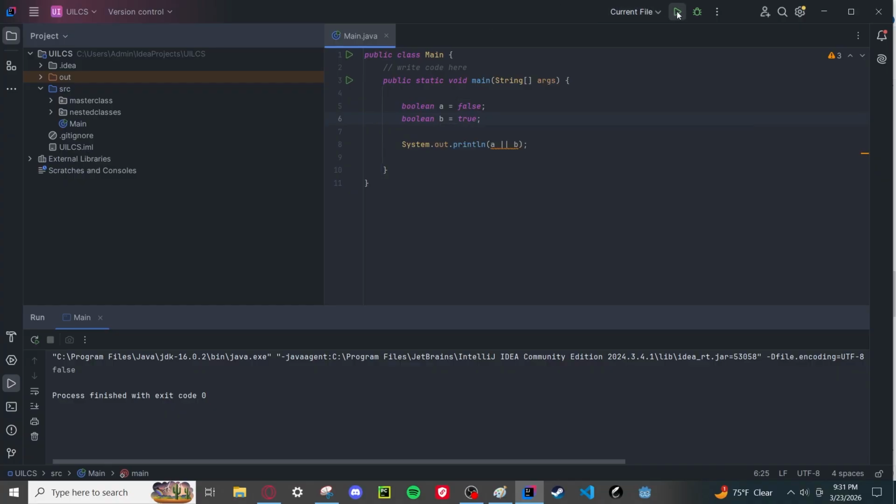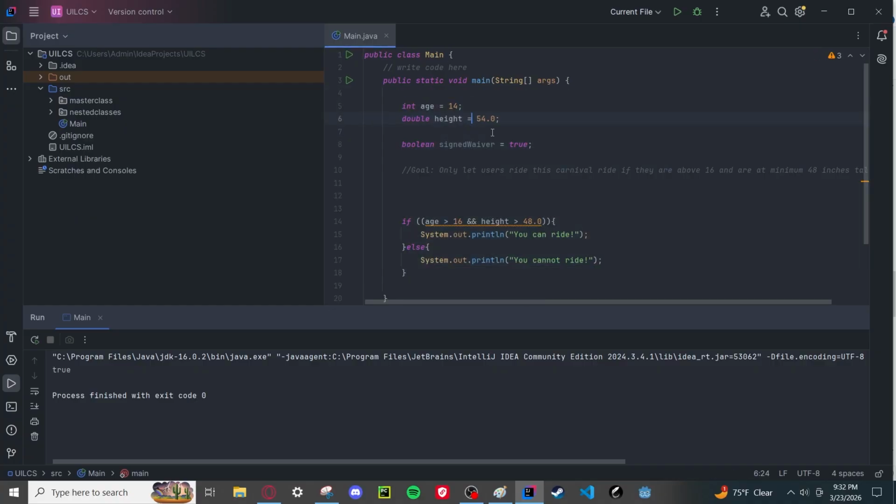So you're just kind of seeing, for or, as long as at least one of the two conditions is true, then the whole expression will be true.